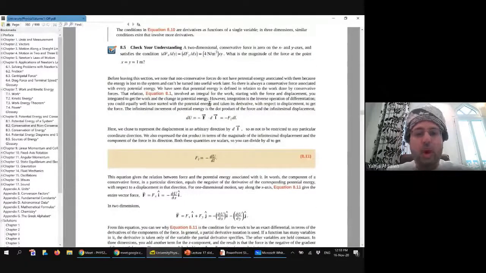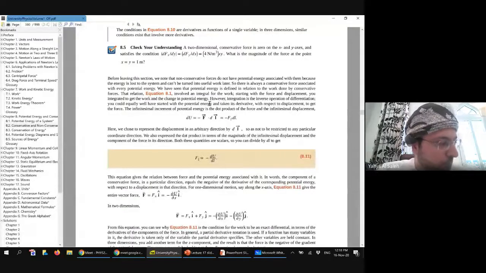Can anyone tell me why it is only valid for a conservative force, and why it isn't valid for non-conservative forces? No loss of energy, because it's constant work, no friction.